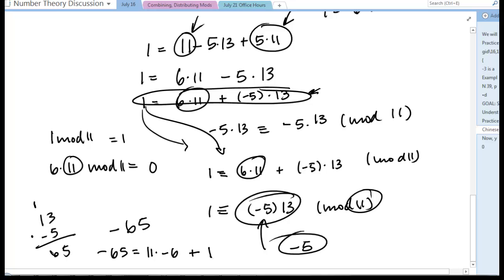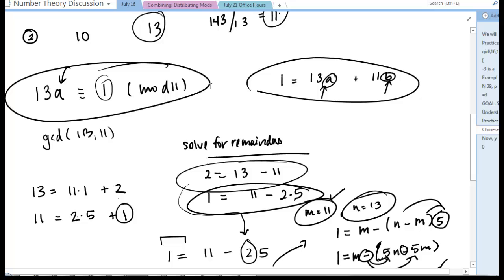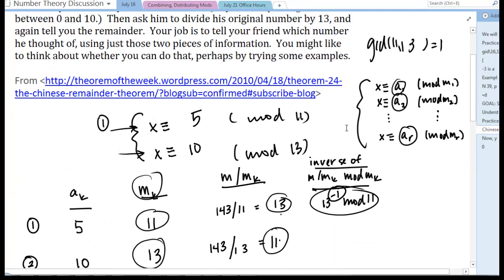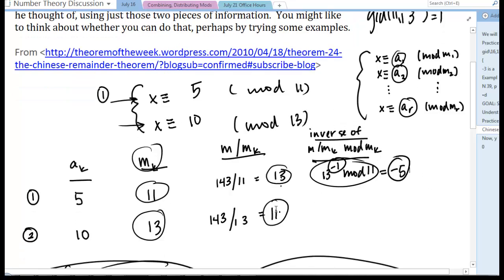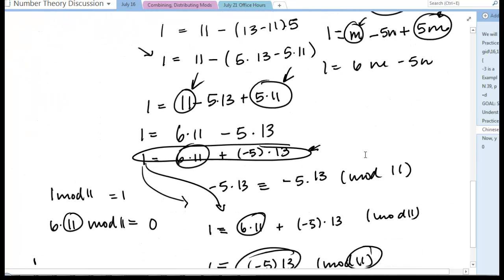So it's congruent to 1. That's good. That's what we wanted. So this tells me that the inverse of 13 mod 11 is negative 5. So I'm going to put that here. Now what's nice is that we actually already found the inverse of 11 mod 13. If we look at that linear combination I got, it's going to be 6.